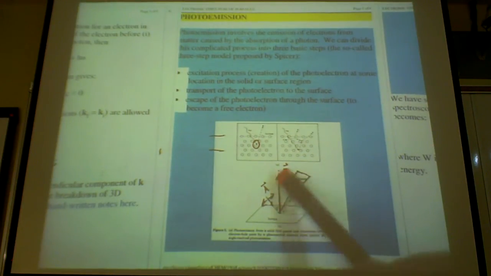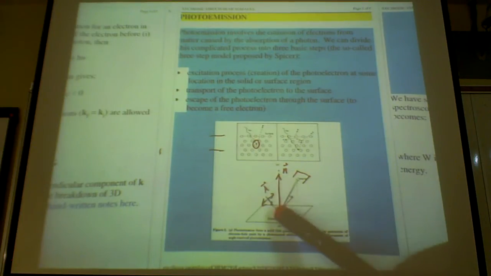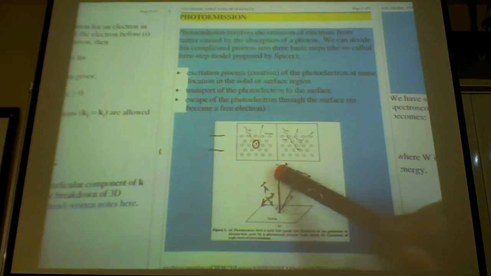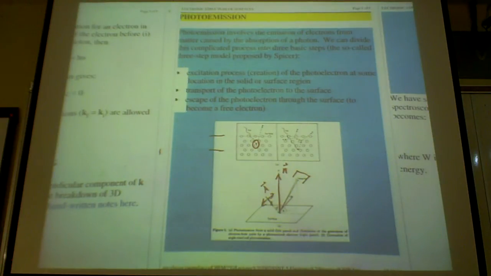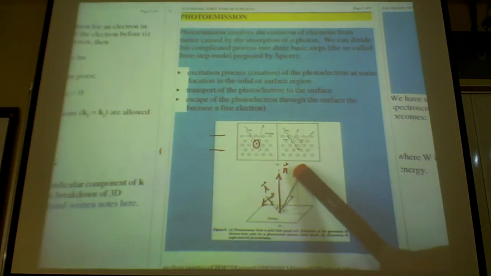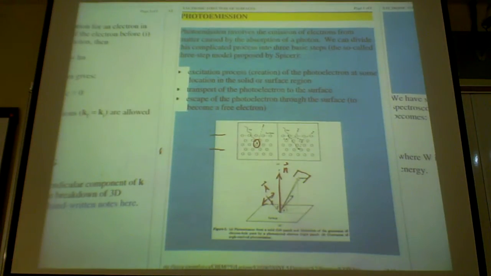So you have three different vectors. You have this A vector, you have the surface normal, which defines the plane normal of your surface, and then you have the detector direction. The detector can move in free space, and you have two angles that you can define the direction of this detector, where you try to catch the photoelectron.